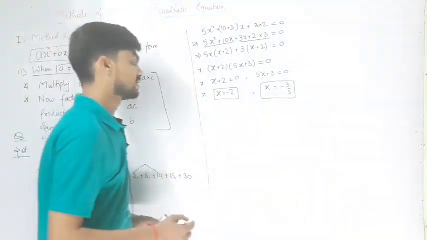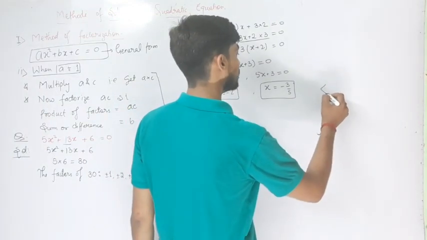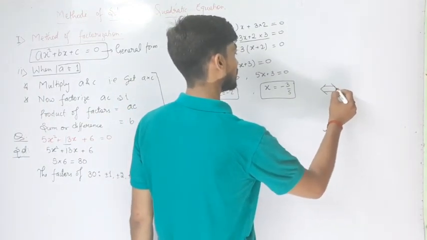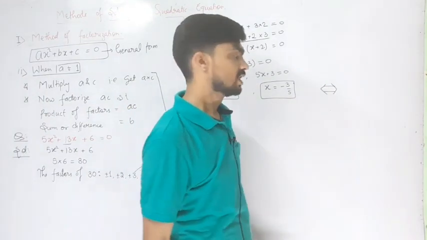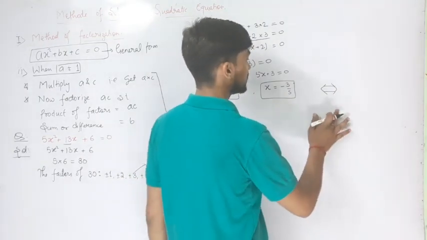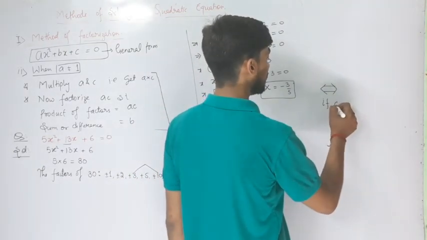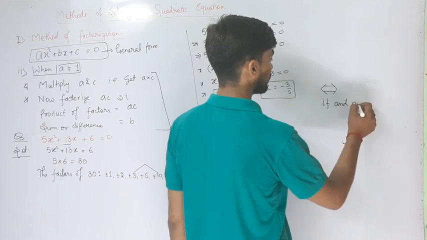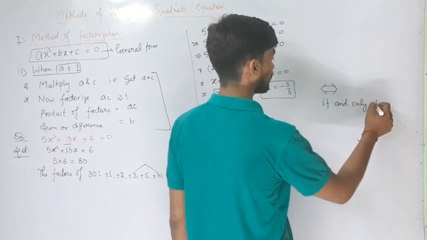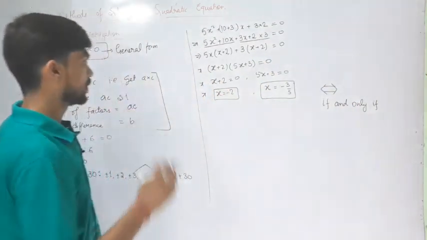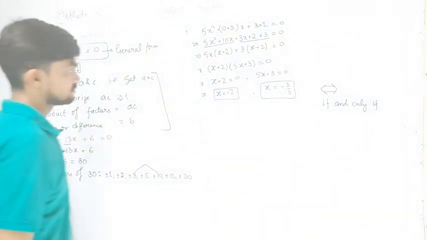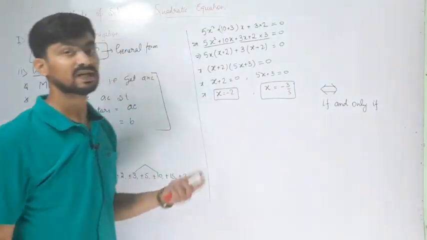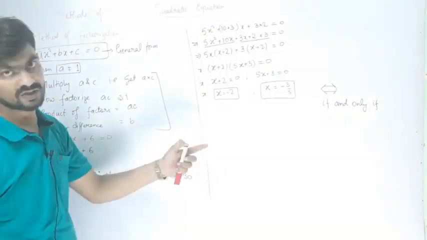In your book, one symbol is given, this symbol. So, this symbol means that if and only if. So, both symbols you can use. In a general way, this is the symbol that we use.